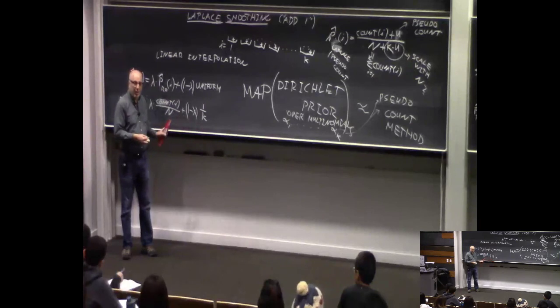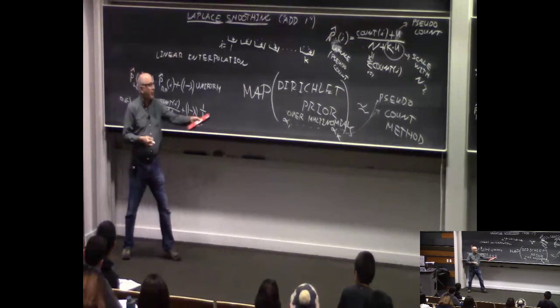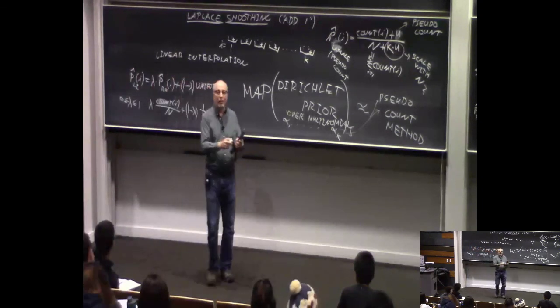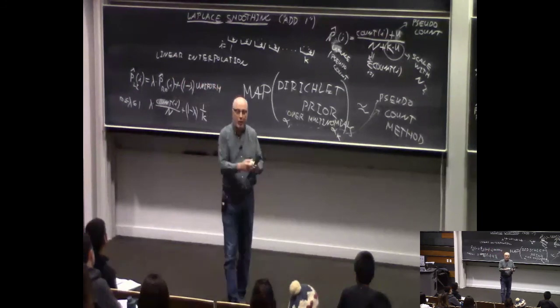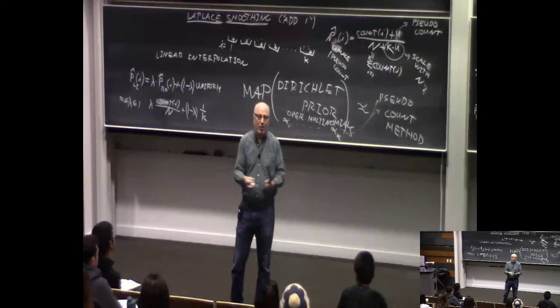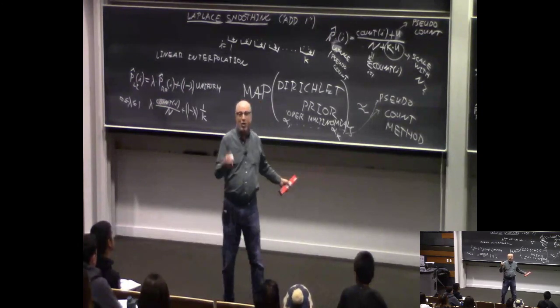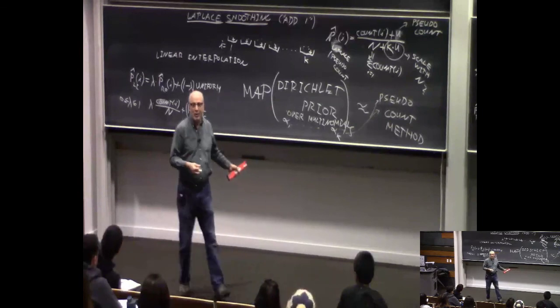This is a very easy method. You don't need to invent counts. And you have only one parameter. In the case of pseudo counts, you have a choice of where to put what counts and what size they should be. In fact, you have k parameters of the Dirichlet distribution. Here you have a single parameter, lambda.